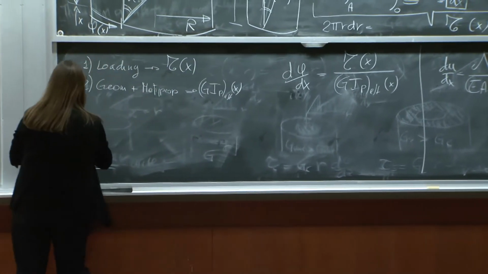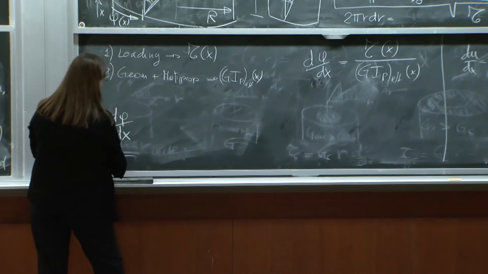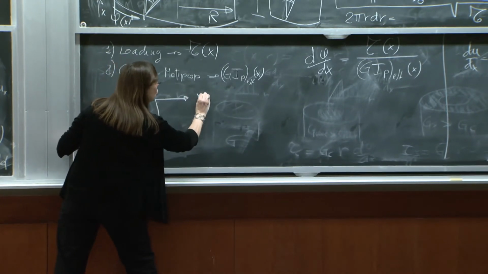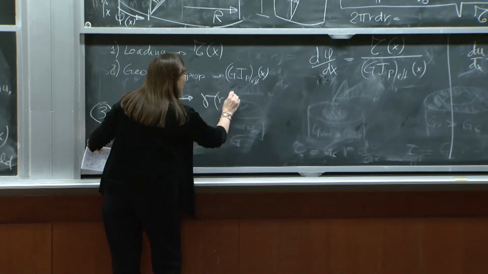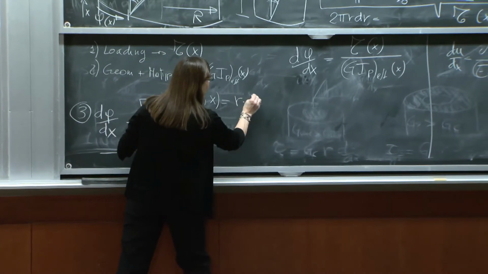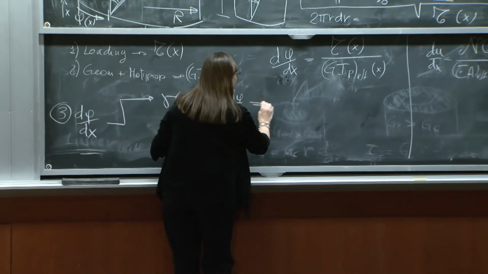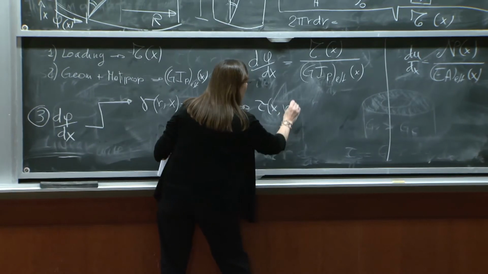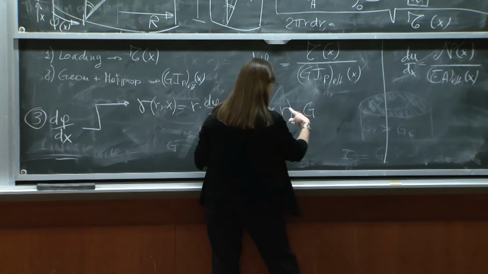What do you do with d phi dx? d phi dx is the center of the universe. With d phi dx, you can do two things. You can get your strain at any point in the shaft, at any r and at any x, simply doing r times d phi dx. And from the strain, you can get the stress in any point, at any radius r, as a function of G at that point.